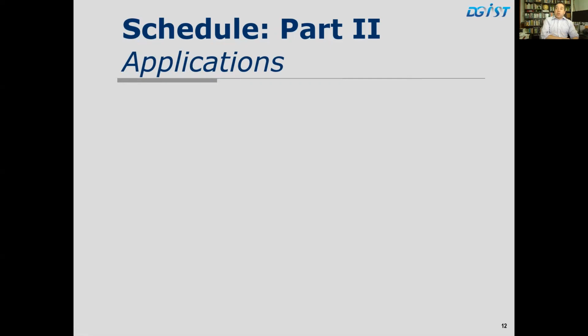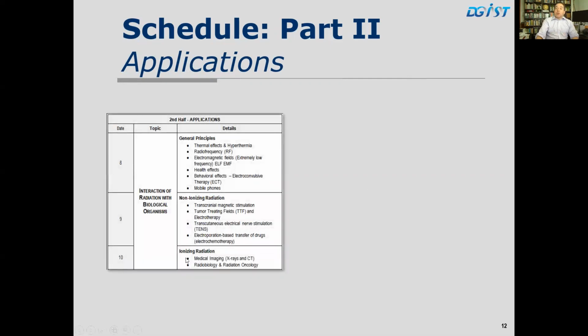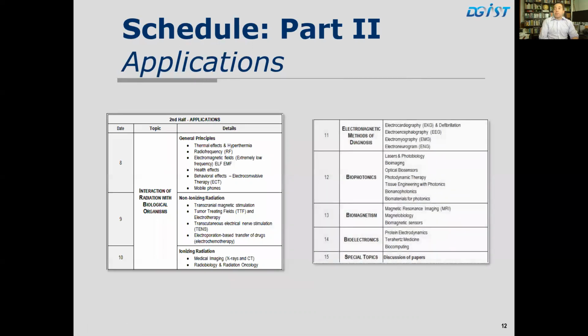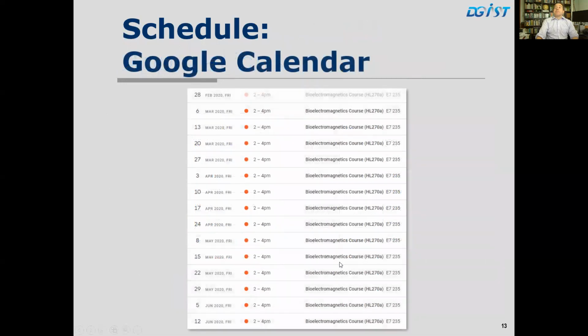Part 2 of the course will be the applications, and these include the interaction of radiation with biological organisms, general principles, the interaction of non-ionizing radiation in particular, and the interaction of ionizing radiation. And these two are quite distinct, and we will talk about the implications of that throughout this course. Then we'll zoom in on more specific topics, including electromagnetic methods of diagnosis, biophotonics, biomagnetism, bioelectronics, and the discussion of the papers, special topics.